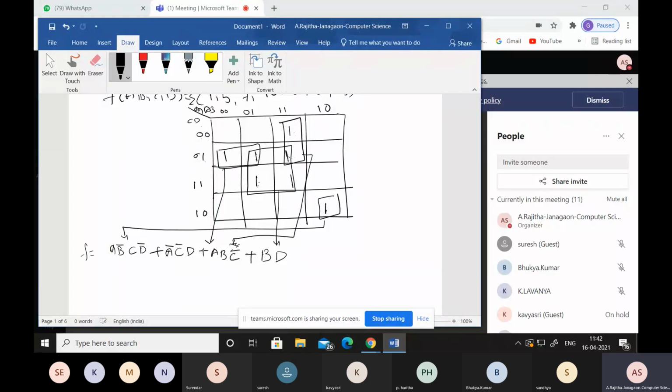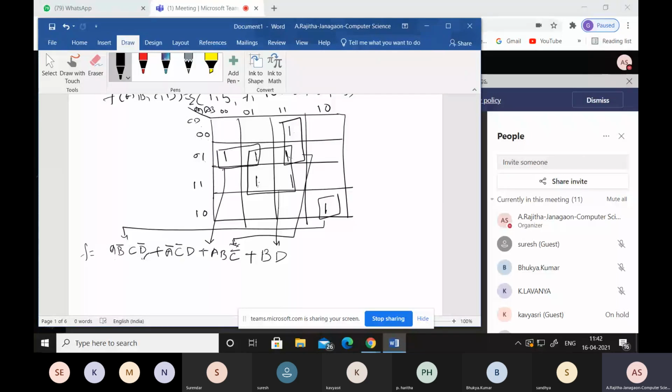If there is only one cell in that subcube, then all the variables present over here are present in the min term. And this is A complement, C complement, D. If it is a pair, then out of the number of variables participating in that Boolean expression, one variable is eliminated.